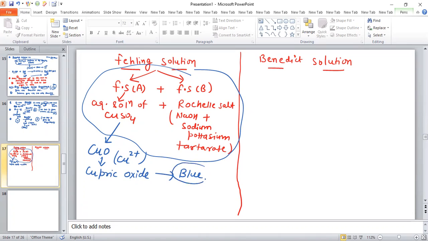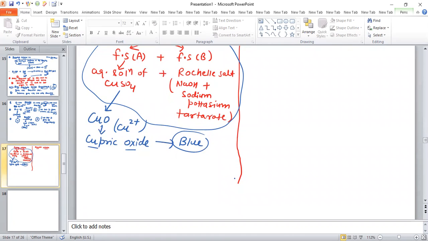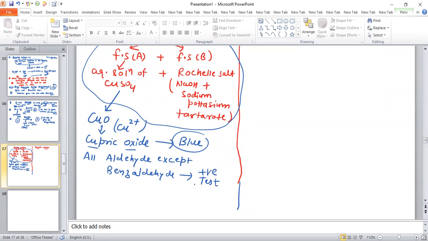Why is the color blue? The blue color is due to this cupric ion. Now what happens? We know all aldehydes except benzaldehyde give a positive test with Fehling solution.